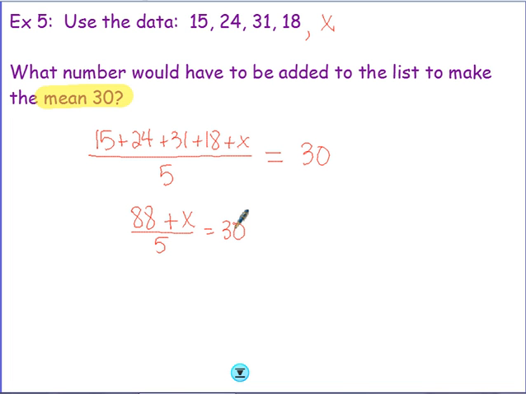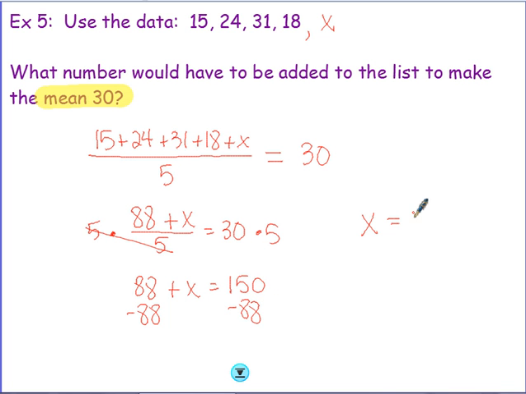The opposite of dividing is multiplying. I'm going to multiply both sides by 5. That leaves me with 88 plus x equals 150. Then, easiest way to finish getting x by itself, subtract 88 from both sides. My missing data value was 62.